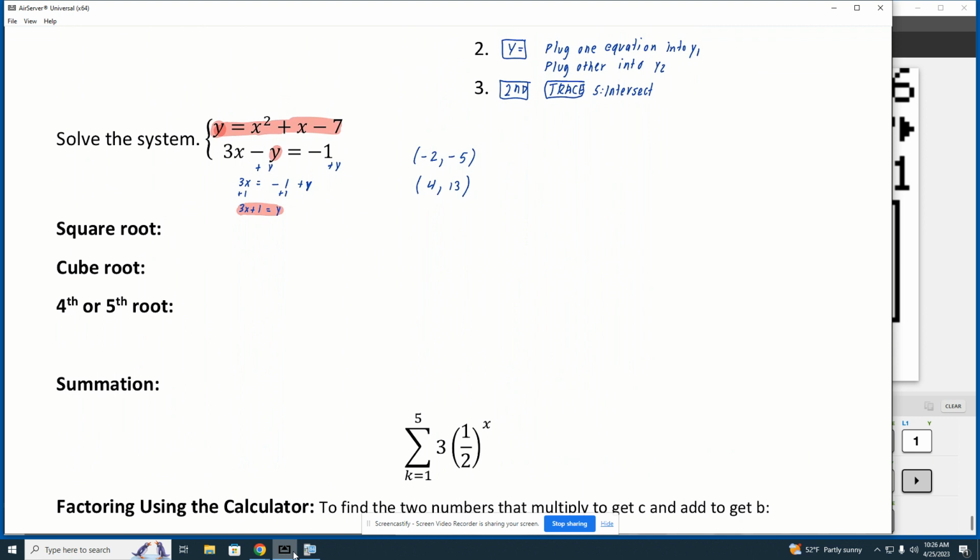Okay, square root. Where do you find square roots? Second, x squared. Where do you find cube roots?